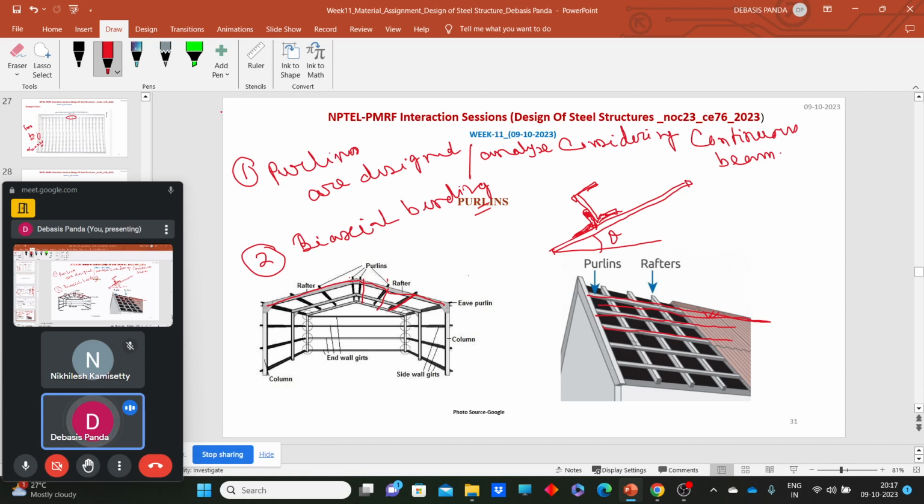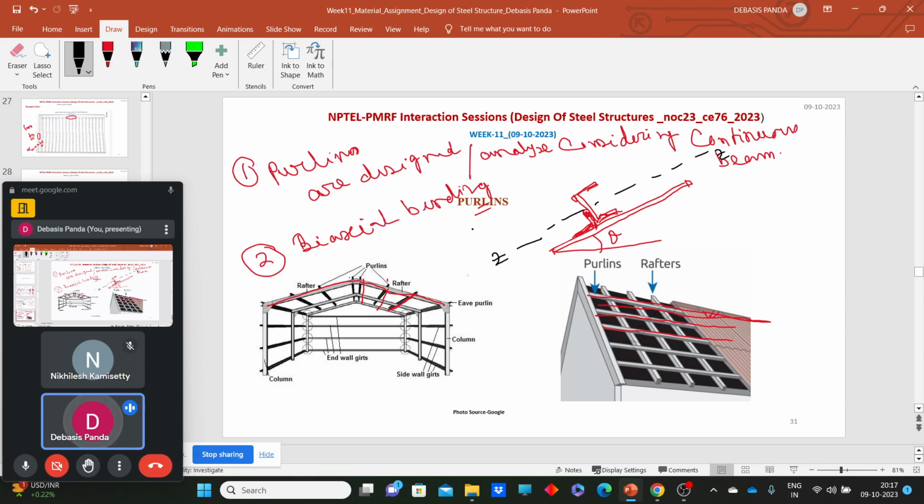Now the first thing I have said is that they are subjected to loads from both directions. That means, let's say this is the ZZ axis or XX axis with respect to that particular member, or we can have a new reference axis.